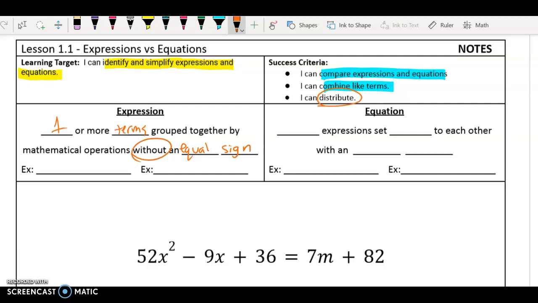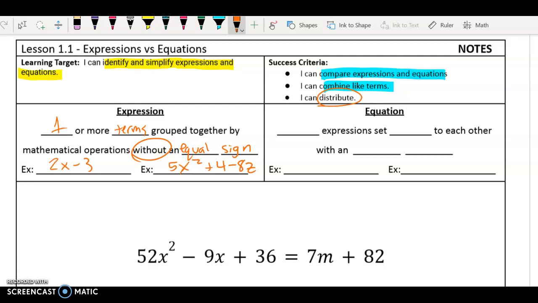Okay? So as an example of this, 2x minus 3 is an expression, or 5x squared plus 4 minus 8z. Notice neither of those two have equal signs. Therefore, it is an expression.